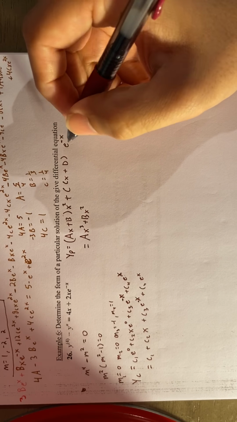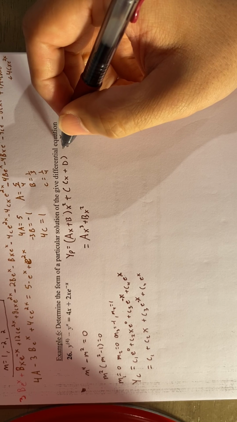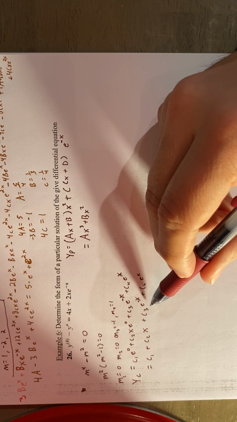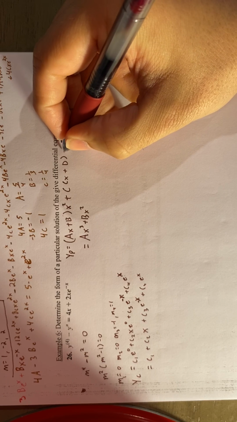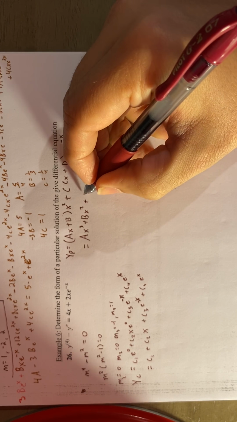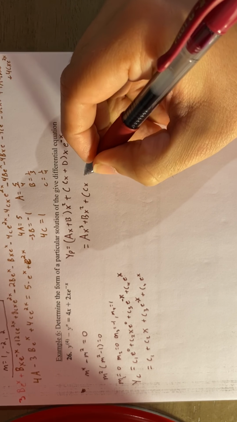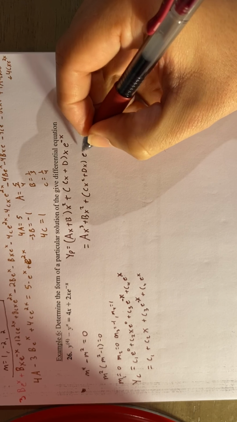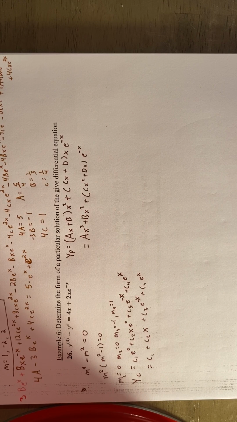Same thing over here is going to be true. If I multiply by the e to the negative x, I will get d times e to the negative x, which is going to be a constant. So I need to multiply this by x. And so I'm going to change this to plus cx squared plus dx times e to the negative x. It's going to help me out when I do my derivatives.